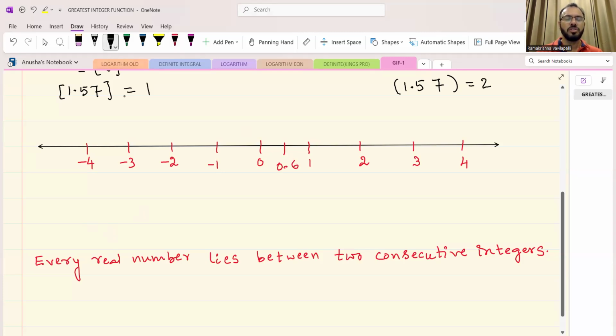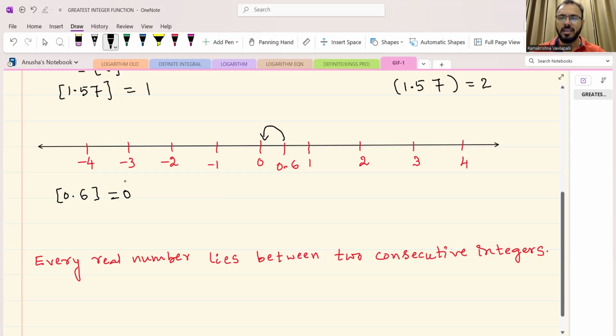So what is the integral part of 0.6? You have to round down to the nearest integer less than the given number, which is 0. Its value is 0.